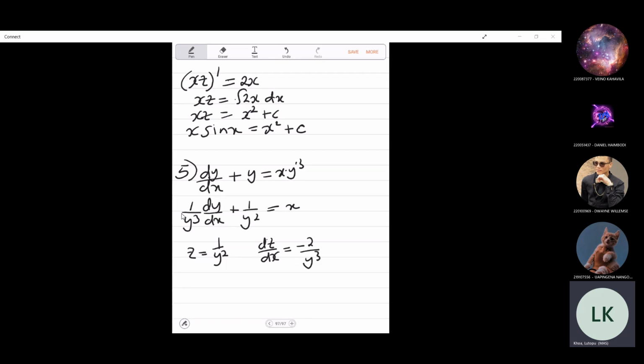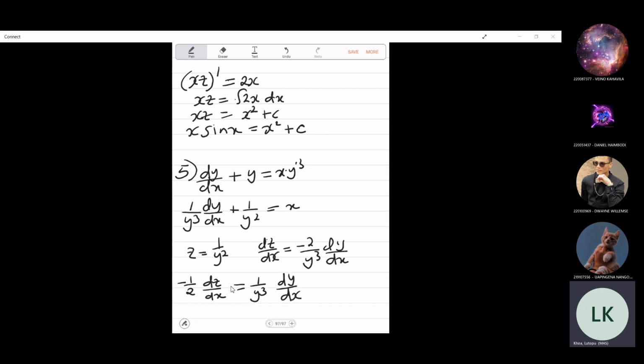And from there, we can say that 1 over y to the power of 3 is equal to negative a half dz/dx, times dy/dx.